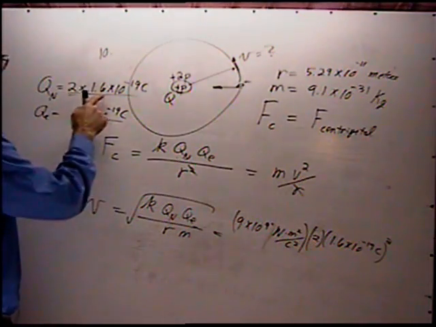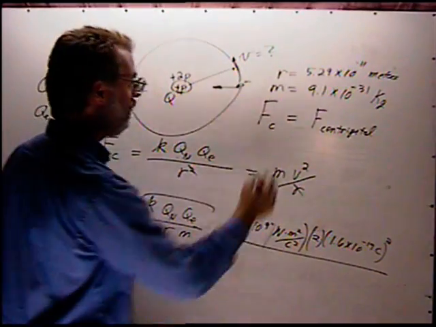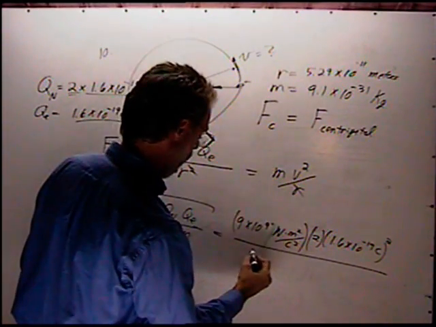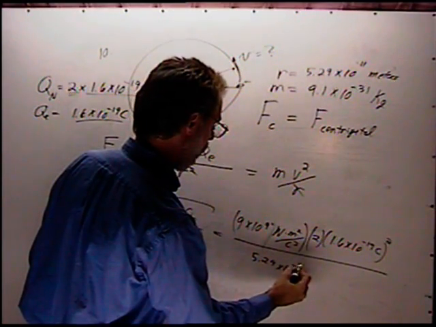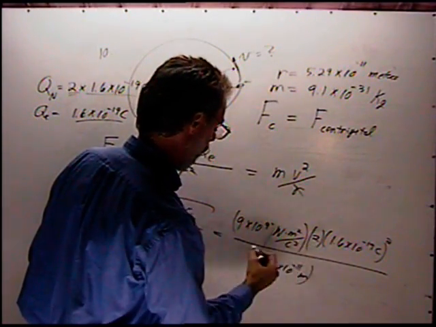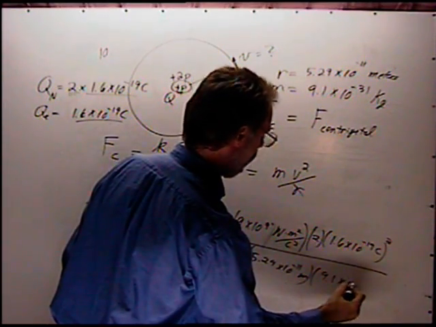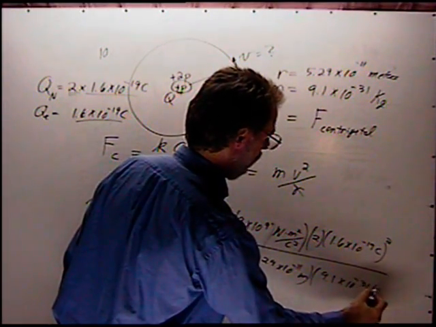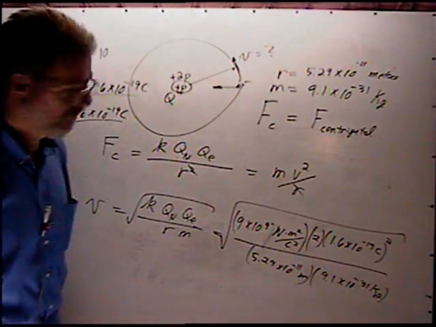So we have one of these times one of these, and we divide by the radius, 5.29 times 10 to the minus 11 meters, divided by the mass, 9.1 times 10 to the minus 31 kilograms, and we take the square root of that.